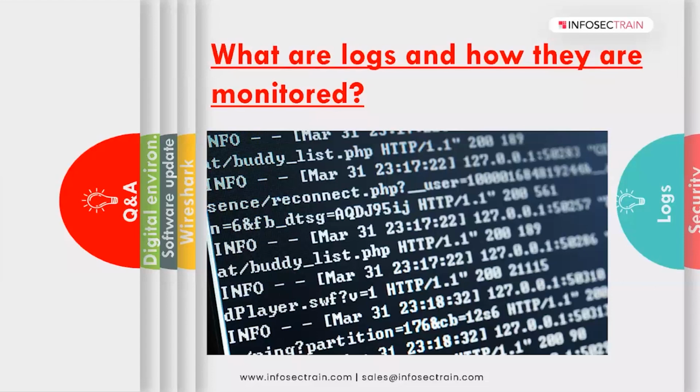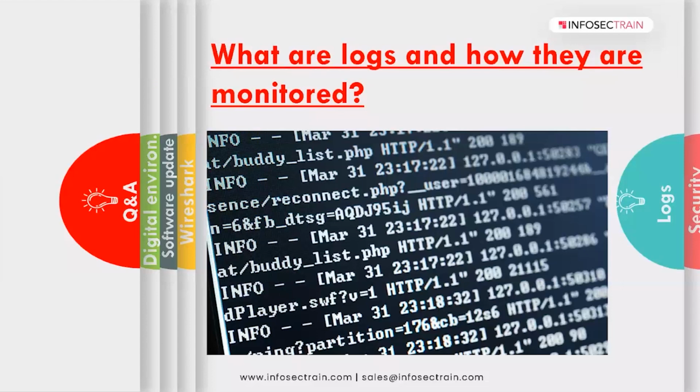It involves steps like log collection, log aggregation, log analysis, and parsing.